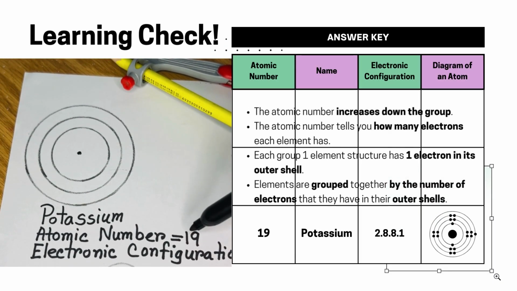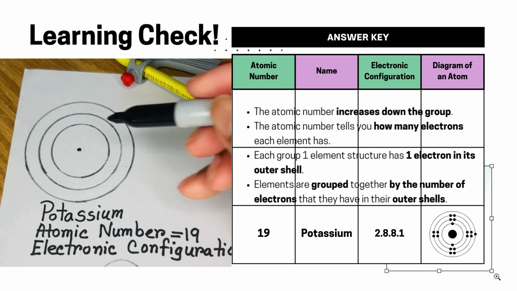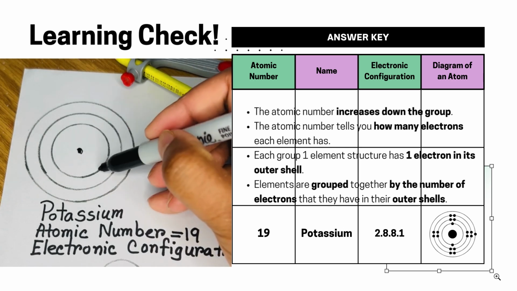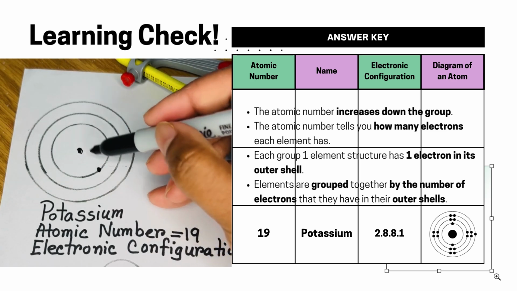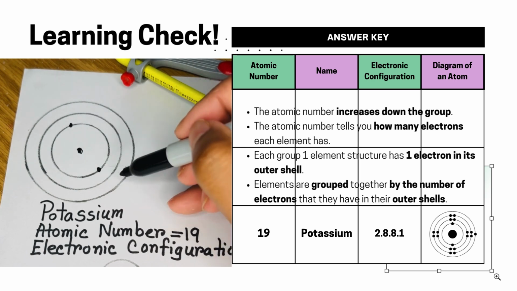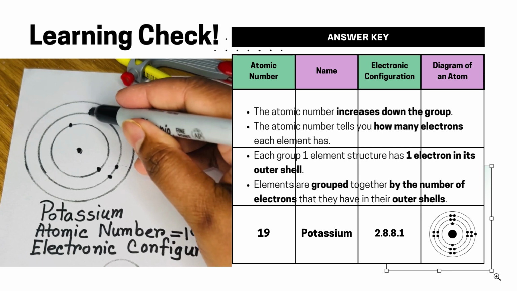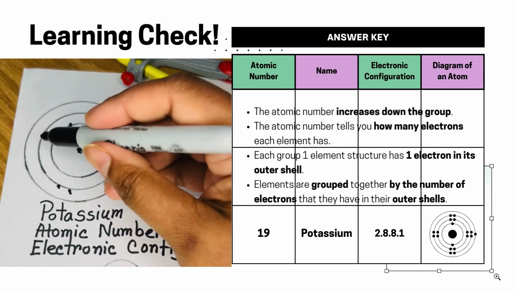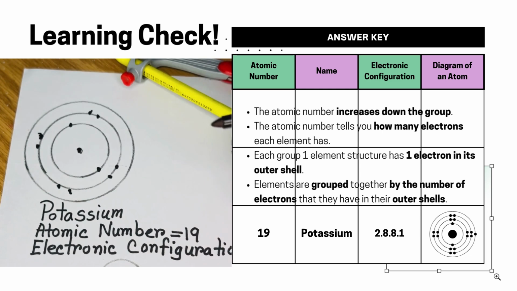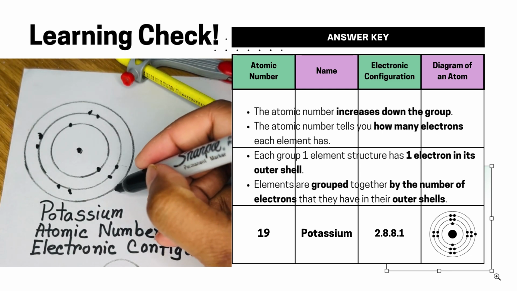Potassium's atomic number is 19. We'll start here with the first shell. We'll take 2 here, and then 8: 1, 2, 3, 4, 5, 6, 7, 8. And we have more, so we take one more.